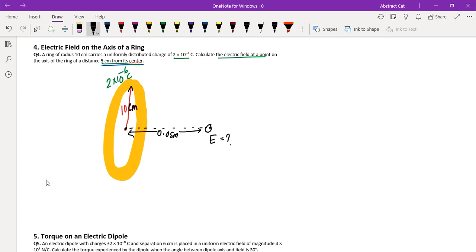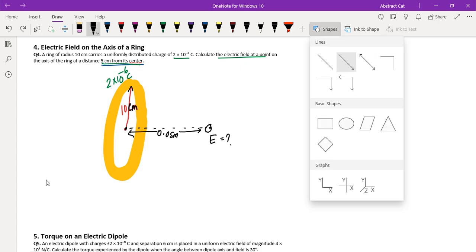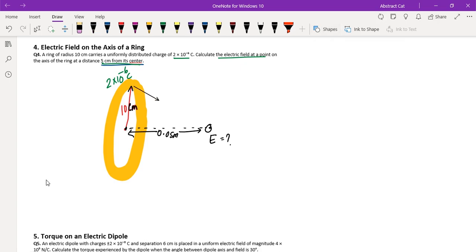And the ring from this distance. That is, here the distance is called R. That is 10 centimeter, that is 5 centimeter.